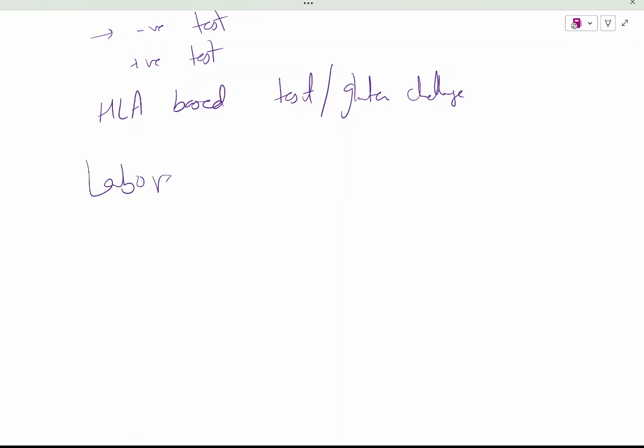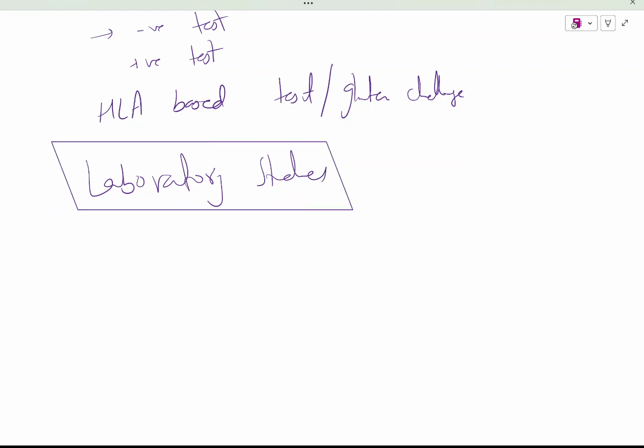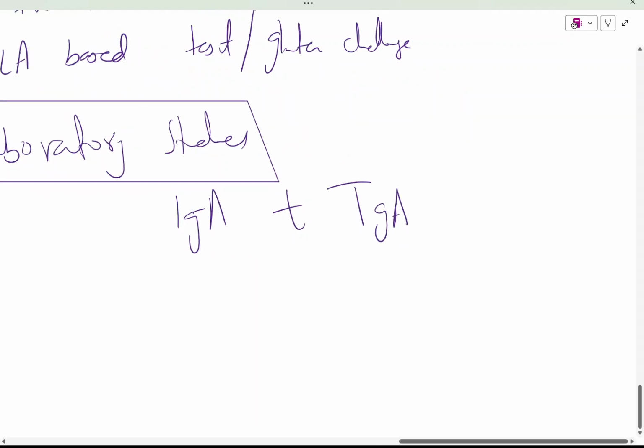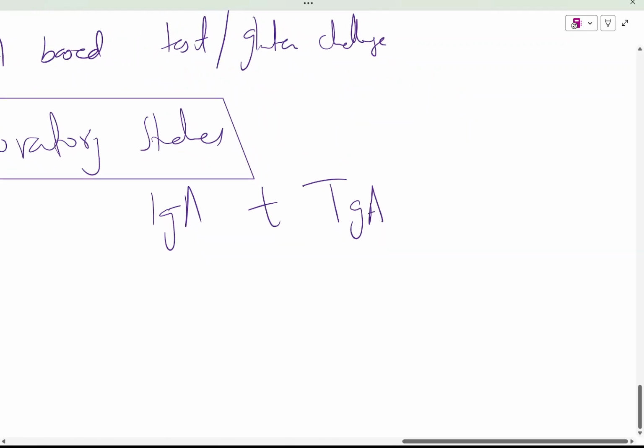Next, our laboratory studies will be these routine studies. We will go for IgA tissue transglutaminase antibody, tissue TG, let's be very accurate, TG IgA test.